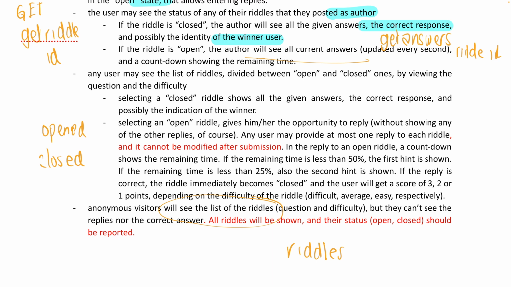In this case, for instance, observe that here you are supposed to get the list of all the riddles, but with the question and the difficulty, but without the replies or the correct answer.